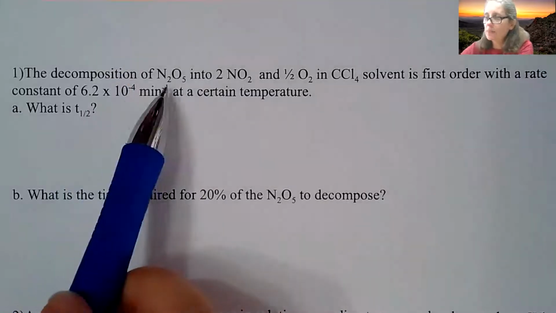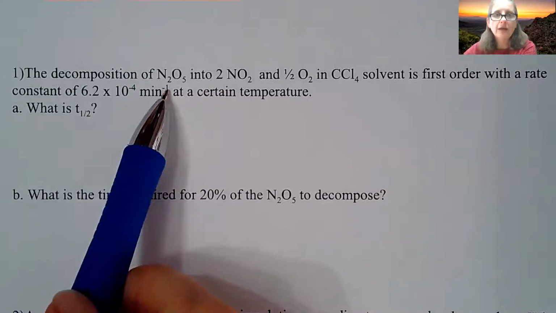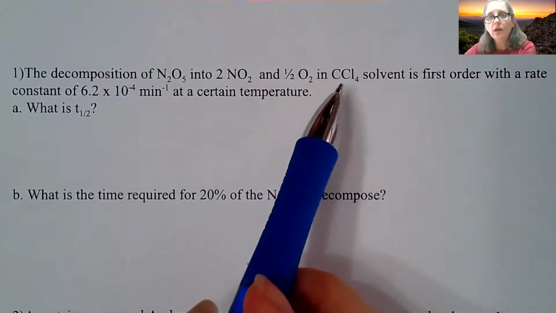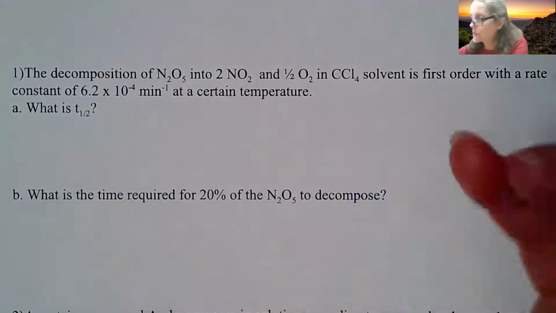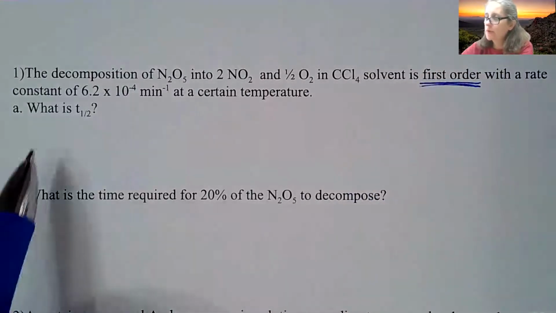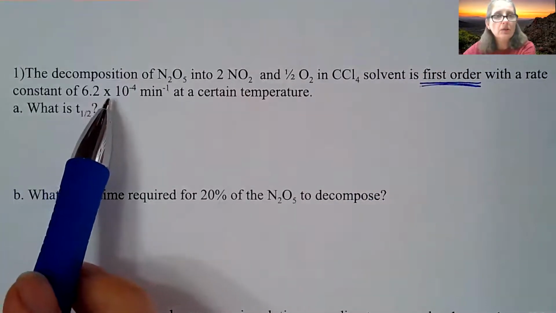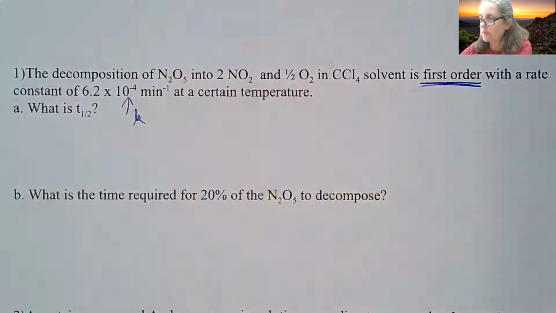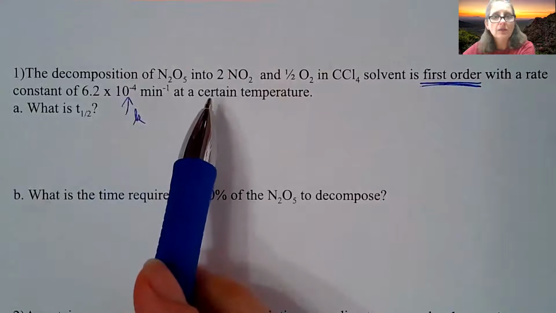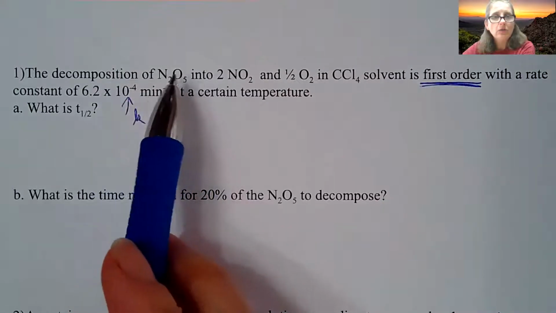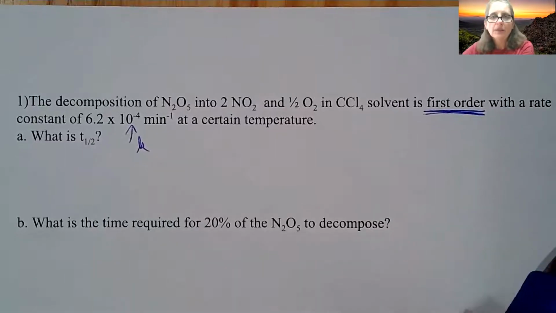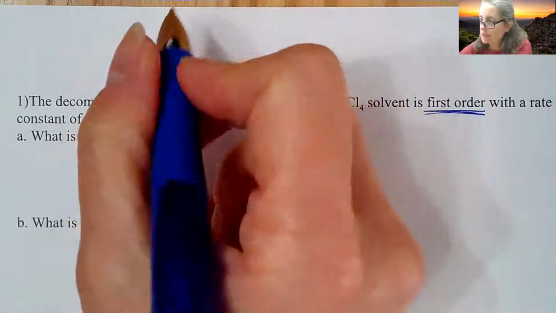So this one, decomposition of N2O5 into 2NO2 and 1/2 O2 in a carbon tetrachloride solvent, is a first order reaction with a rate constant of 6.2 times 10 to the -4th inverse minutes. So this is your K, your lowercase k, at a certain temperature. So how can you look at that K and know that it's first order? Now I know they told you that, but this is trying to help you out for future endeavors.